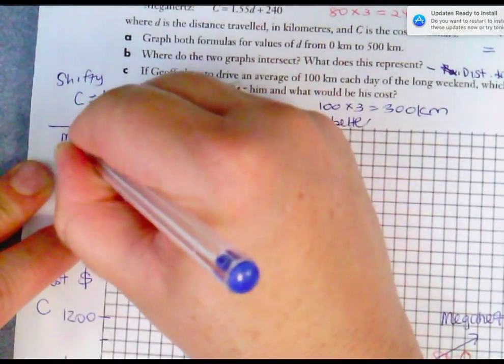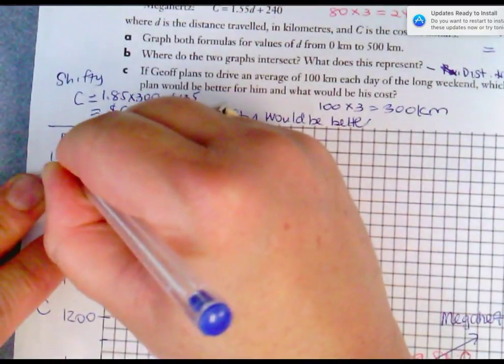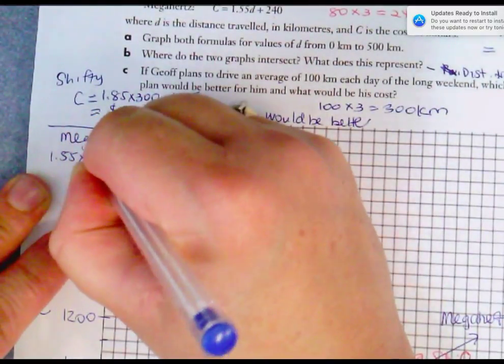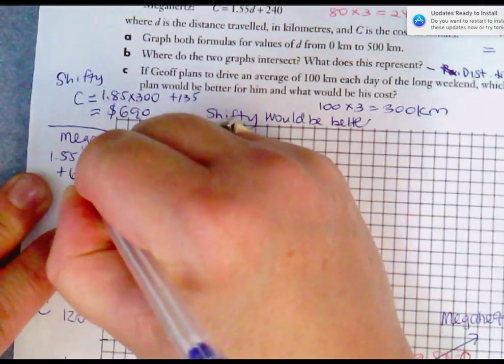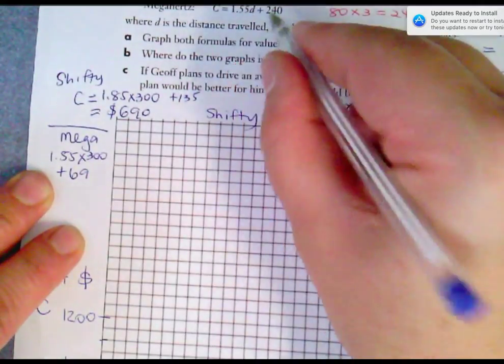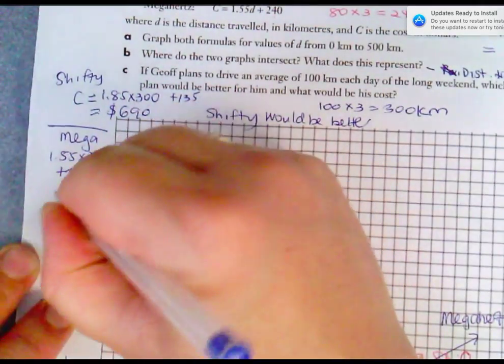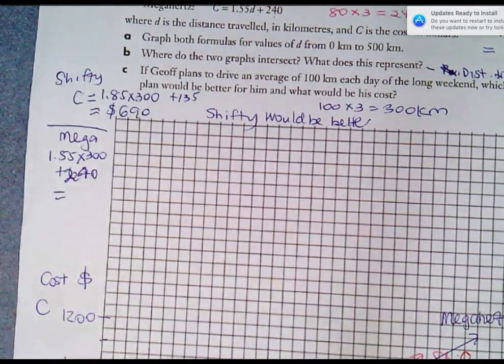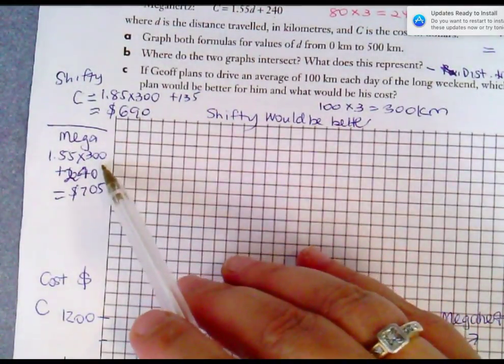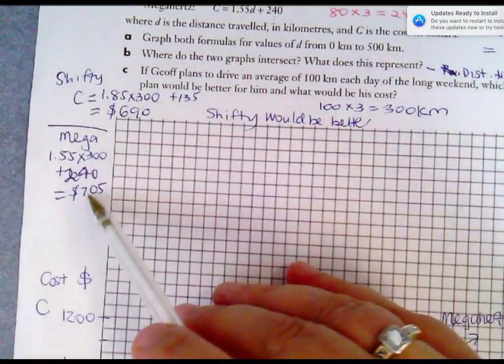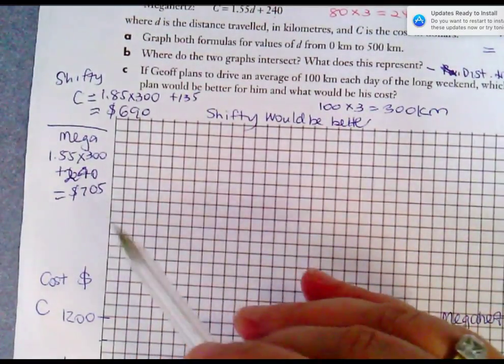And the cost for Megahertz would be 1.55 times 300 plus 240. And the answer we get for that is, so Megahertz for that 300 kilometres travelled is slightly more expensive at $705.